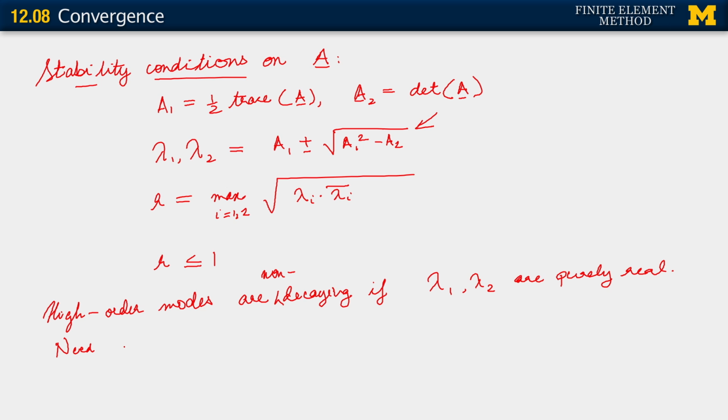So what we need is that A1 square minus A2 is less than 0 for damping or decaying of high order modes.